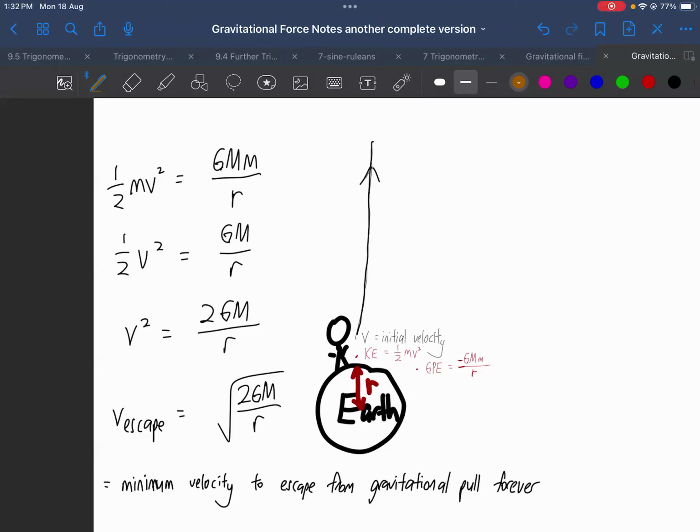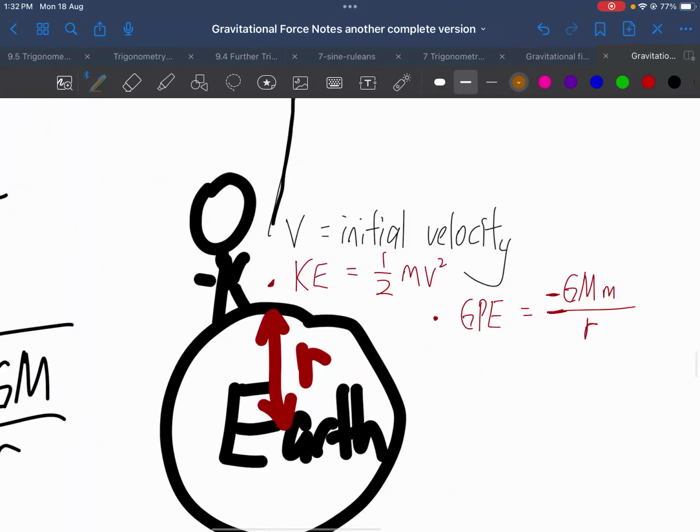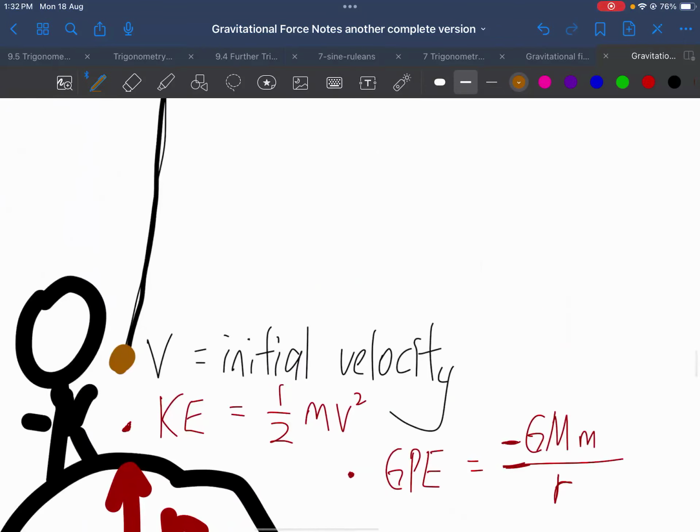Now you are on the Earth, holding a basketball, tennis ball, I don't care, just a ball. Have you ever wondered, if you really want to throw the ball such that it will simply leave the Earth, like it's not going to fall down again, you throw the ball so fast that it can simply escape from the Earth.